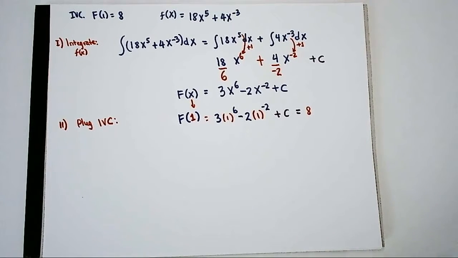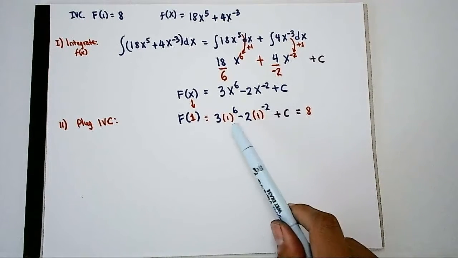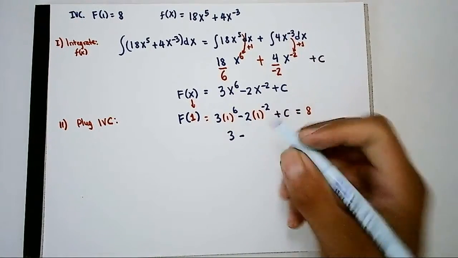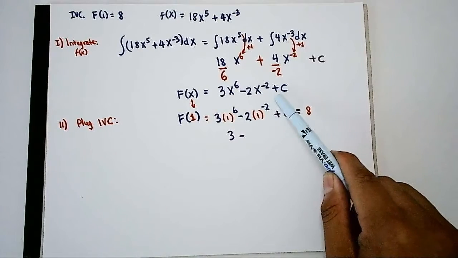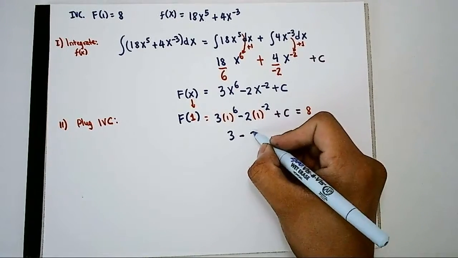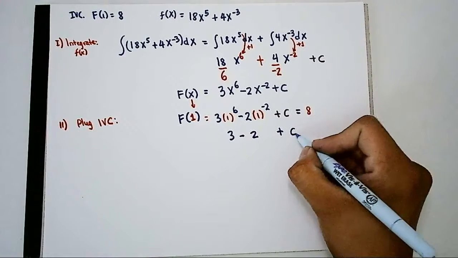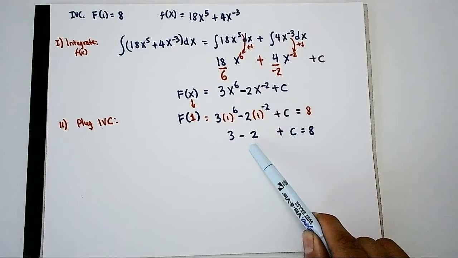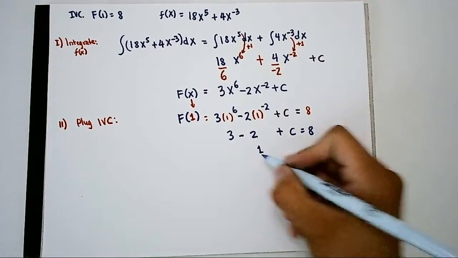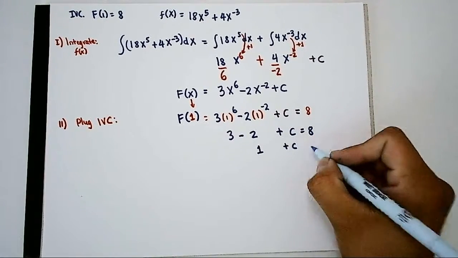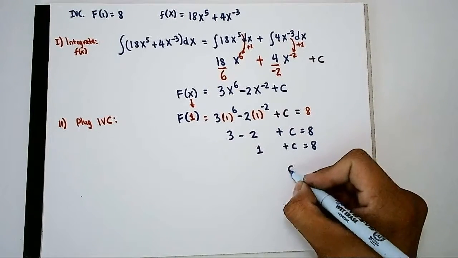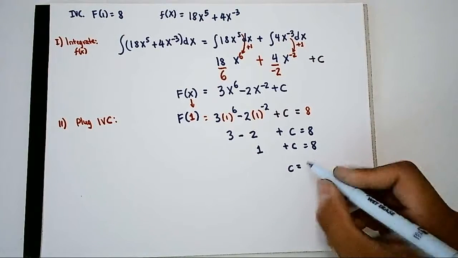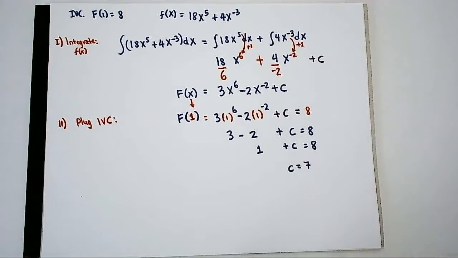So this now is an equation, because 1 to the 6 is 1 times 3 is 3, minus 1 to the minus 2 is 1 times 2 is 2, plus c equals 8. 3 minus 2 is 1. This means that c is equal to 8 minus 1. This is 7.